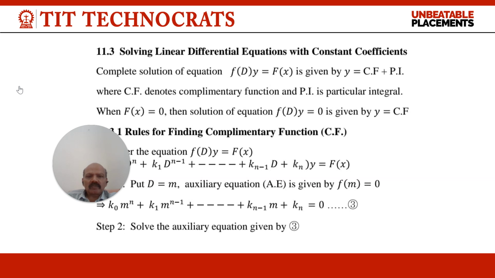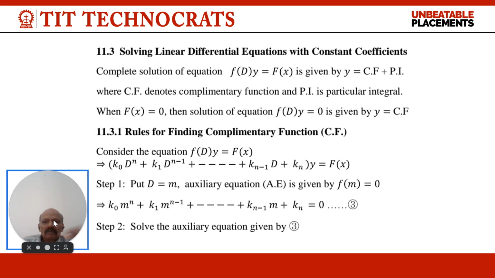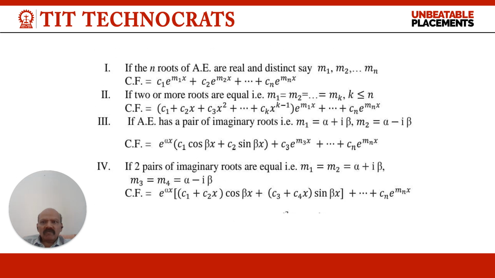So now you see it is a polynomial in m. We will find the roots of this polynomial equation. How will you find the root? As you did in your lower classes.